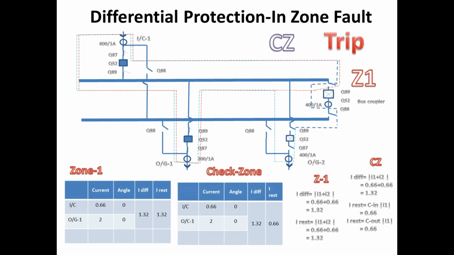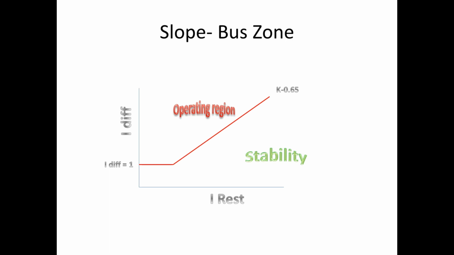We have two slopes for this, bus slope and check slope. In bus slope, the high differential peak point is 1 and the slope is drawn by this k factor. We don't have any other settings, only these two settings. By having these two settings we have to draw this slope, and we can see in the next video how to draw this slope. I will explain briefly and how to check this slope.